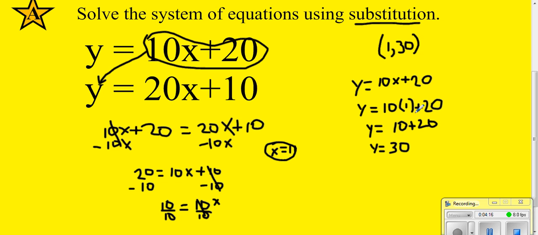You could check by substituting this x and this y into each equation and see if it works out. So this is y and here's x. (1, 30). And that's how you solve using the system algebraically using substitution.